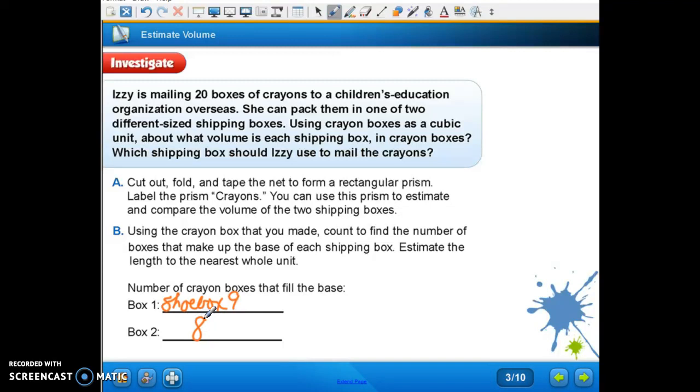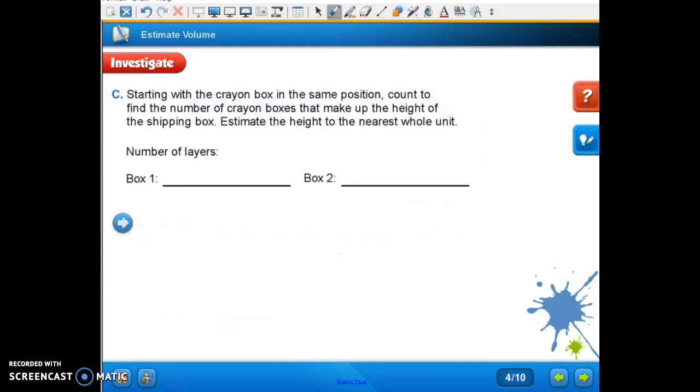And how many layers could you put in that box? You might have to stack them up like this so you can see. How many layers is that? 1, 2, 3, 4, 5, 6.